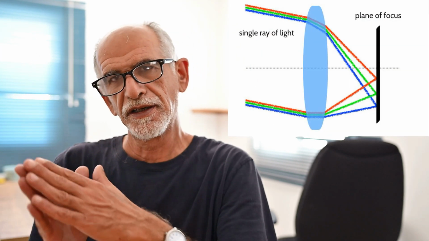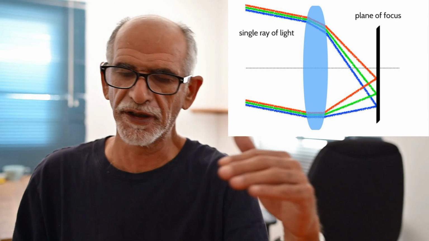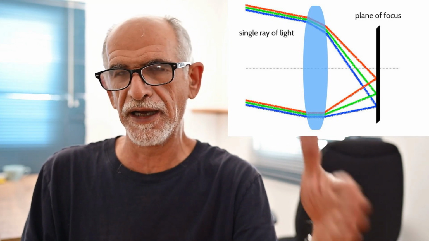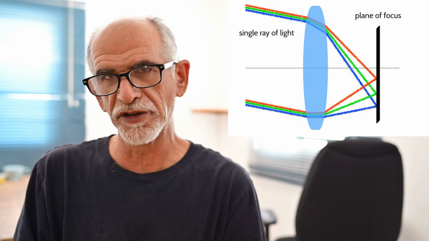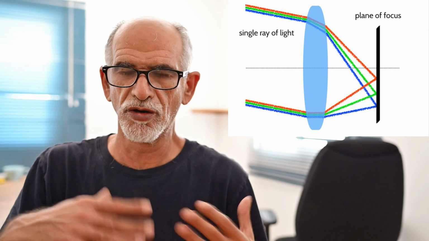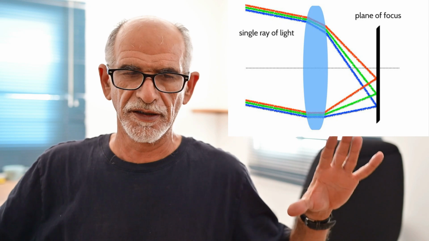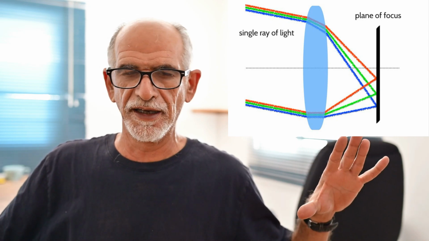Longitudinal chromatic aberration occurs when different parts of the light spectrum focus on the same plane, but at different heights on the focal axis. And this is a phenomenon that creates some color fringing, mainly at the edges of the resulting image.